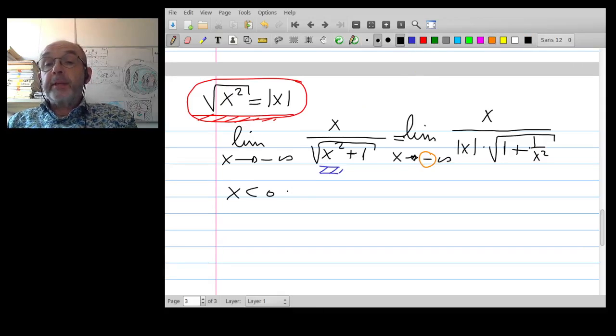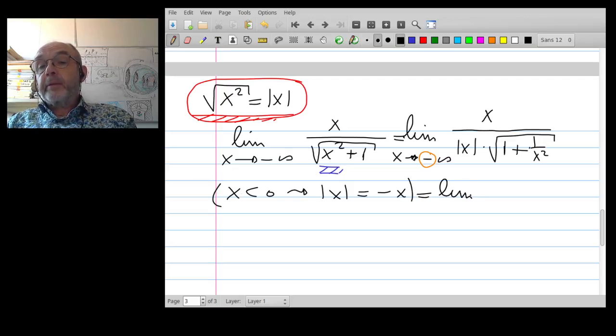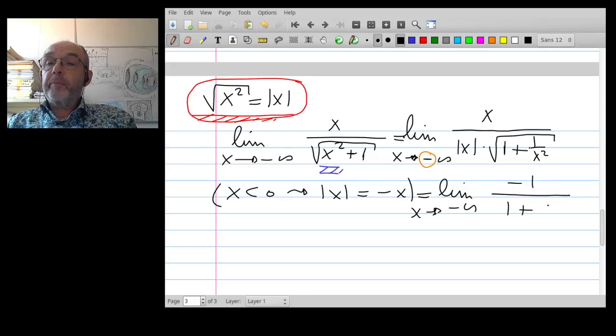That means the absolute value of x becomes minus x. So we have the limit as x goes to minus infinity of x divided by minus x times that square root, and you get minus 1 out of it.